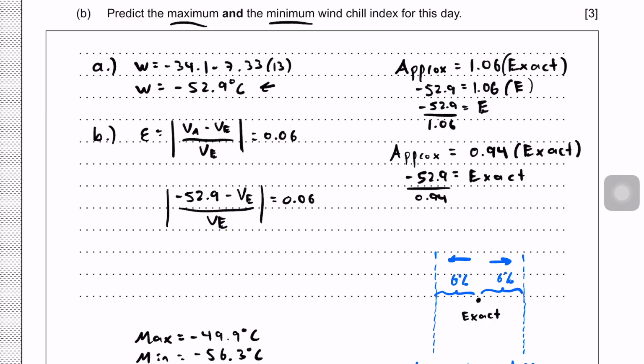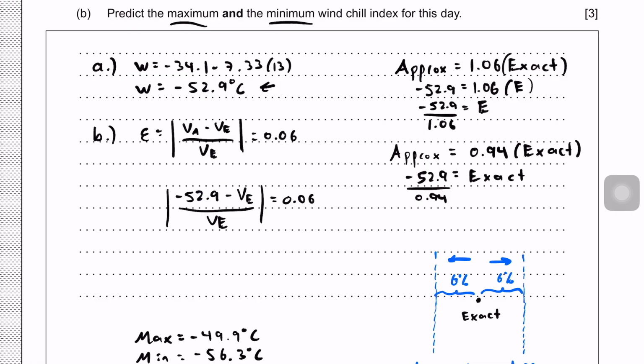And this might be a little confusing or challenging, because what do we do with these absolute values? The absolute values tell us that the difference between the exact and the approximation could be greater, it could be lesser, but we only want the absolute deviation. So whether it's negative or positive in here doesn't matter, we just want the absolute difference between the approximate and the exact.